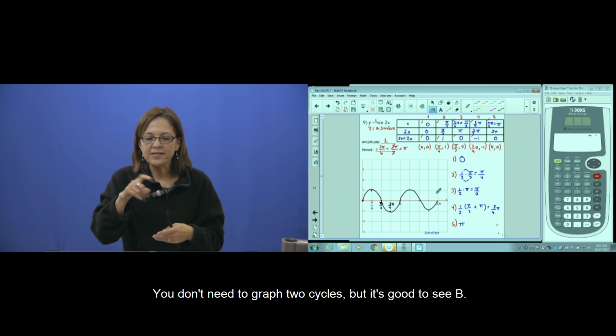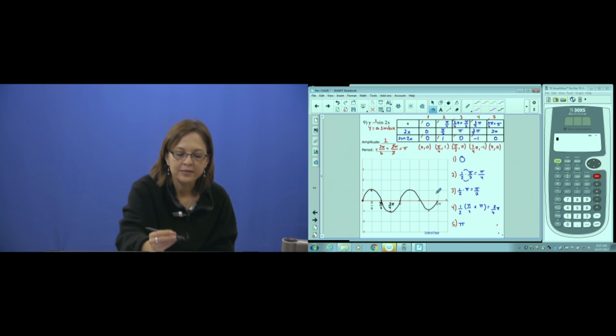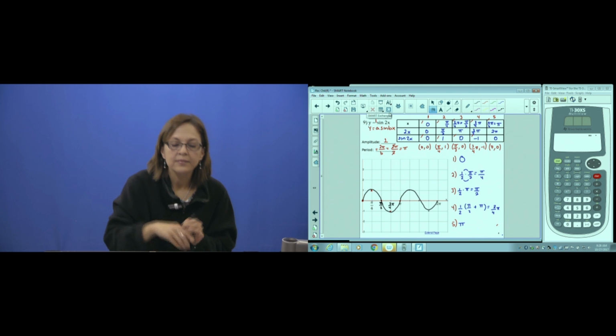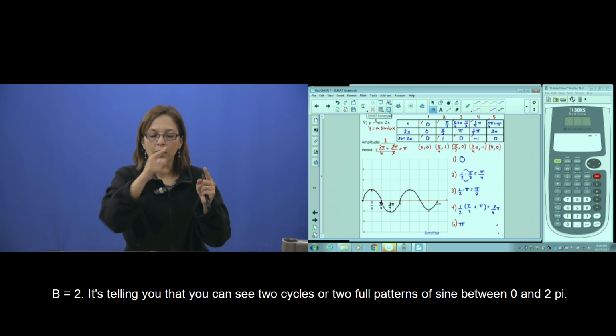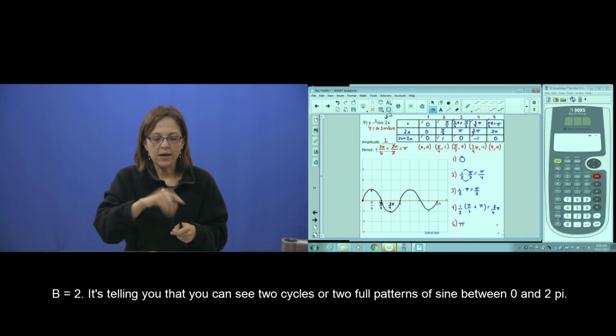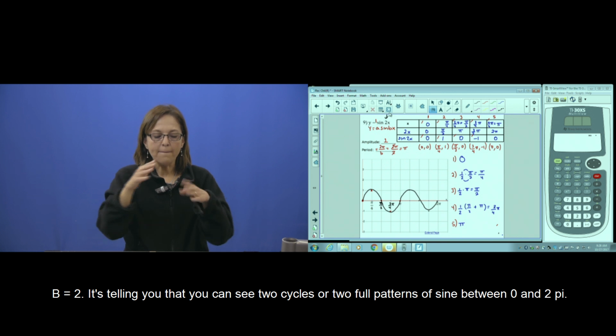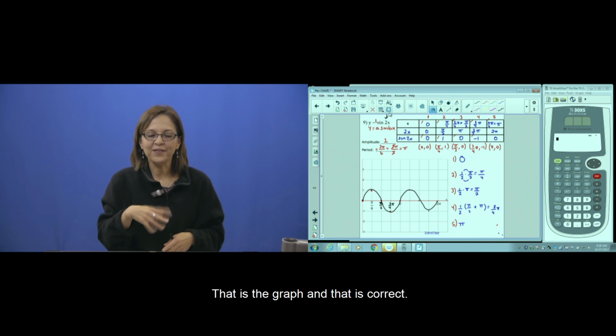It is not necessary to graph 2 cycles, but it's good to see b equal to 2 tells you that you can see 2 full patterns of sine between 0 and 2 pi. And that is the graph, and that is correct.